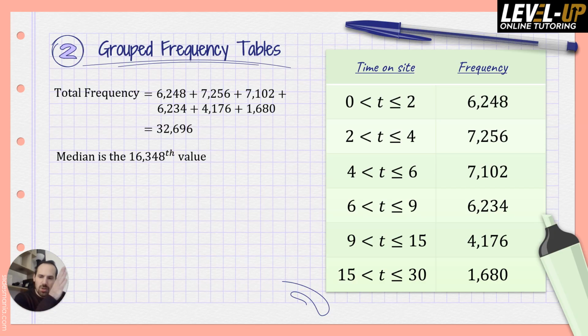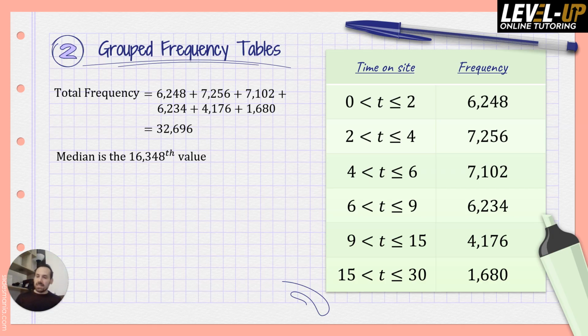So you see, once we had the small data sets before, we could kind of just count along and find the midpoint. Now we need to think more abstractly in the general sense. When we've got 32,696, if we half that, then it's going to be the 16,348th value that is the median. Where does that value lie?